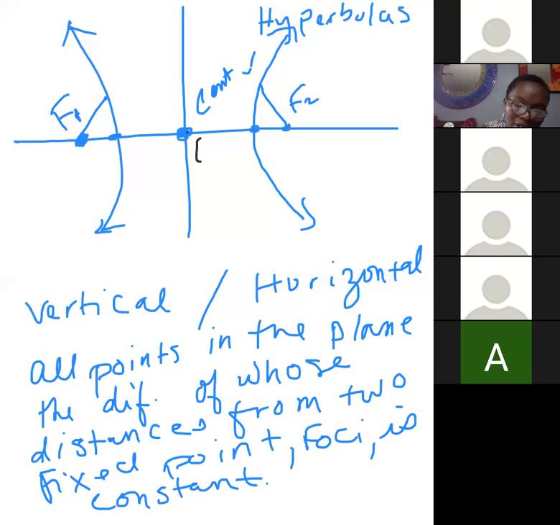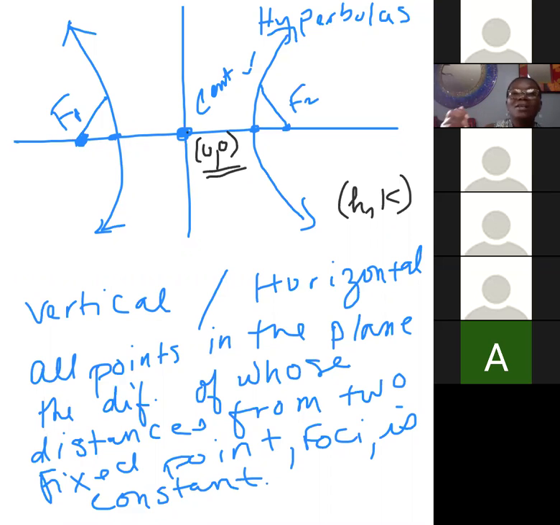This is one that's located at 0, 0. And just like with the ellipses and the parabolas, you can have the center at h comma k. But for now, just to expedite the process, I am going to focus solely on the ones that have a center at 0, 0.